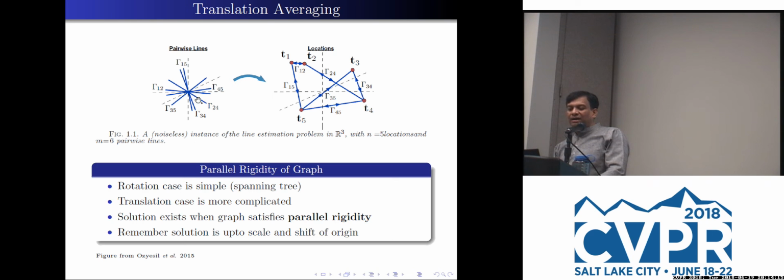So schematically, here is the basic idea. These are all the observed relative heading directions. And so, for example, this is a valid solution for this. So that is, each one of these vectors is consistent with these directions. Yeah?